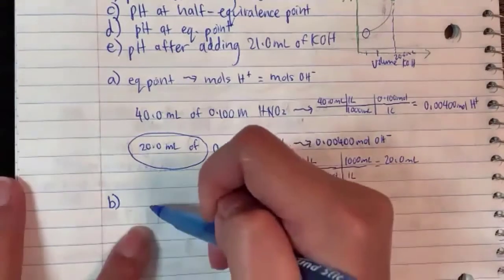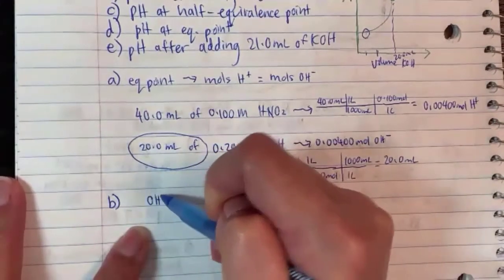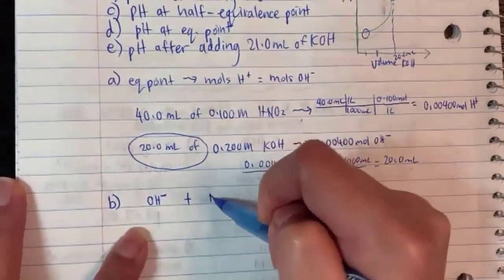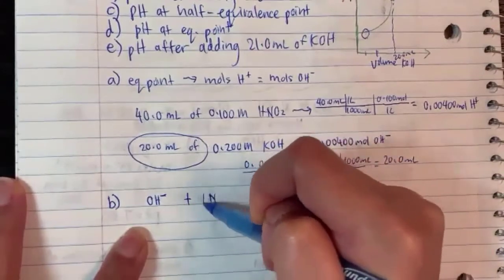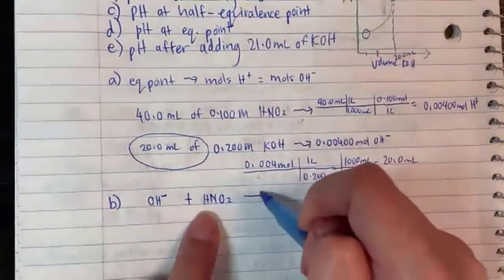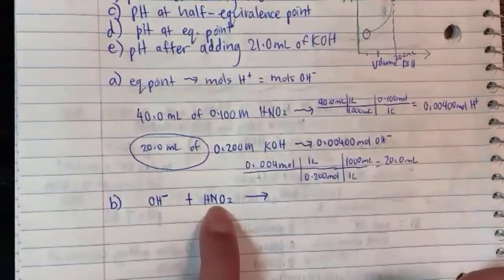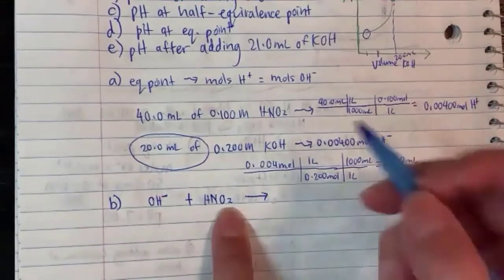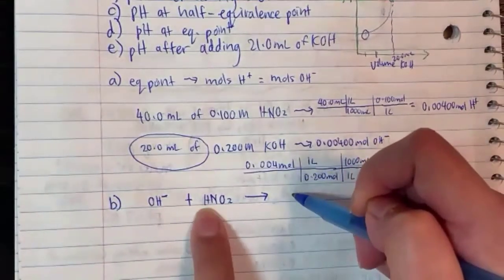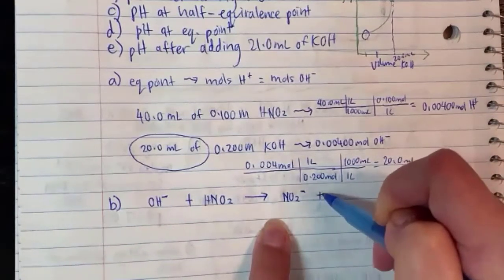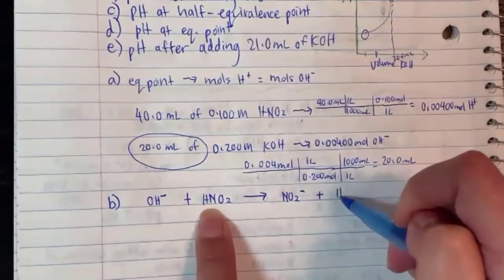When you add a strong base to a weak acid, what happens is the weak acid sacrifices itself to neutralize whatever strong base you add, and it will create the conjugate base and water.